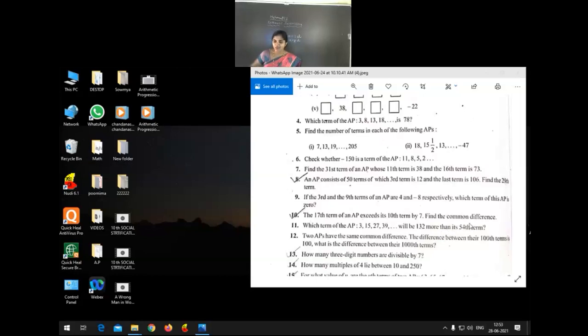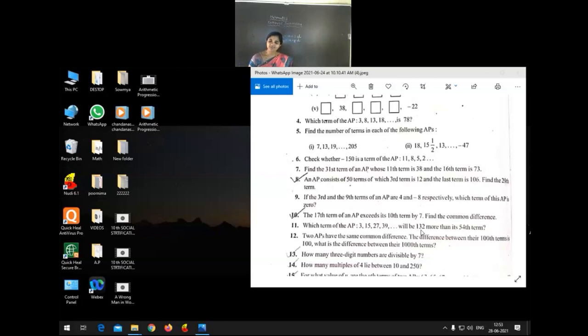So let us understand the question, what we have to find out here. Which term of the AP is 132 more than its 54th term? It is easy to understand. Which term is 132 in excess of the 54th term? So that we have to find out here.